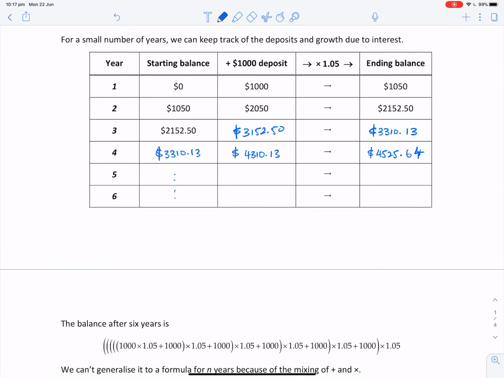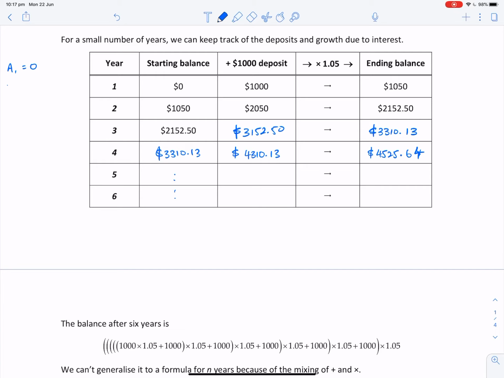Worth pointing out, not included in this worksheet, but good to include in teaching: I would start this at 0. So if A1 equals 0, that's the starting balance of year 1.